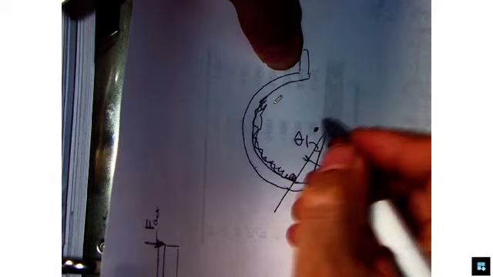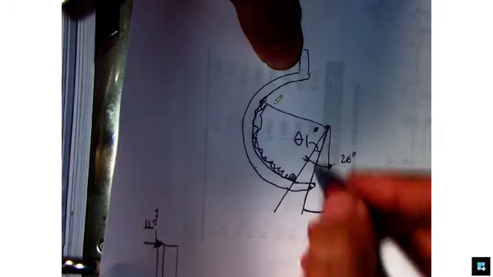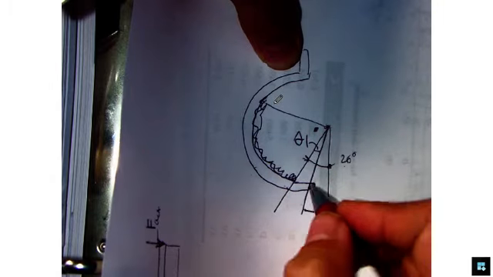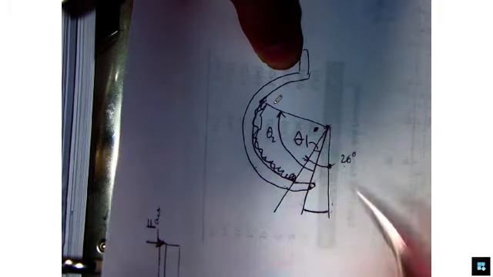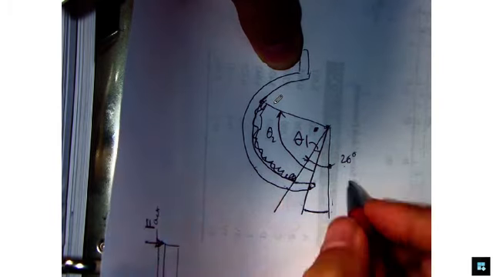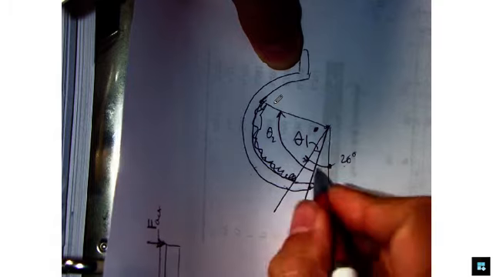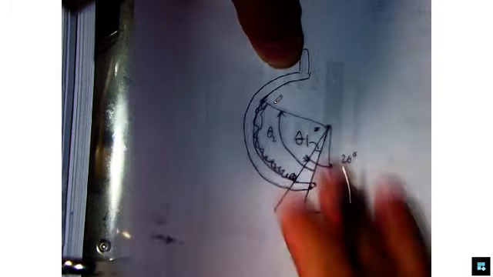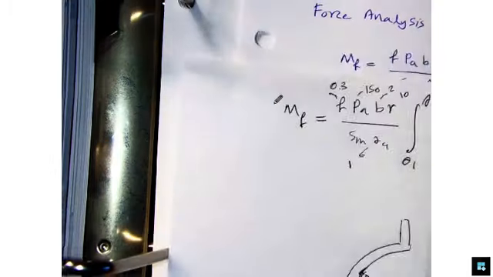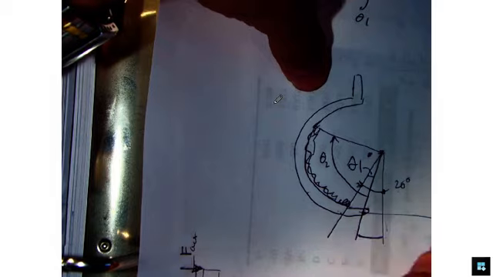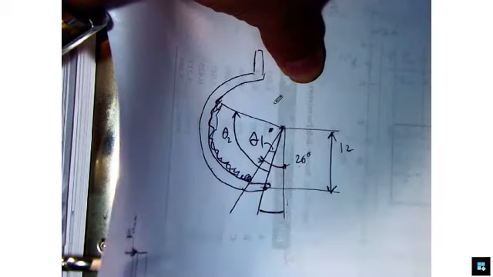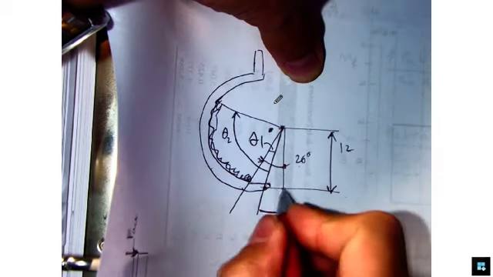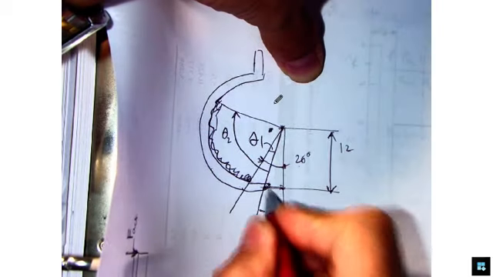This is theta 1, and theta 2 is the angle again measured from the hinge to that last point. So this is theta 2. All right. So this total is 20. This angle, how much is it going to be? The problem statement says that this distance is 12, and it says this distance from the vertical line to the hinge is 3.